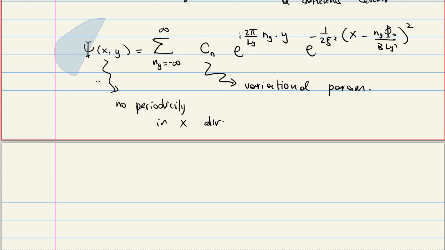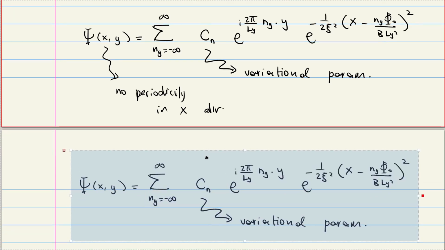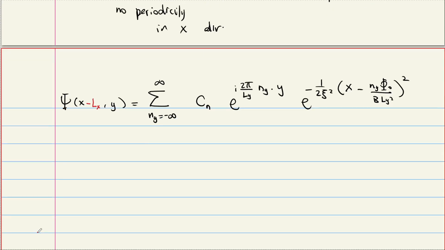Let's take this wave function and shift it and see what we need to have a periodicity in the x direction. So what I will do is I want to shift this by another Lx, and I want to look at it and see what I need to have periodicity.